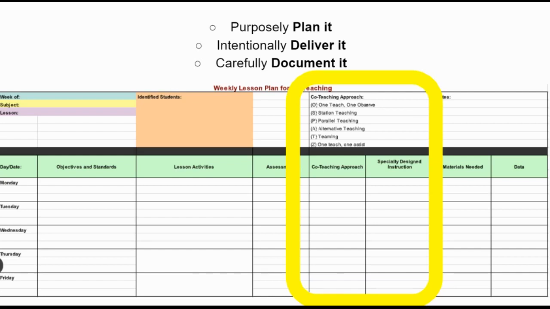Now, we're going to go back to those two other models that we had listed. The very first one is one teach, one observe, and the very last one is one teach and one assist. What I'd like to do is take the last one out of the mix. Dr. Marilyn Friend says that this really is ineffective.